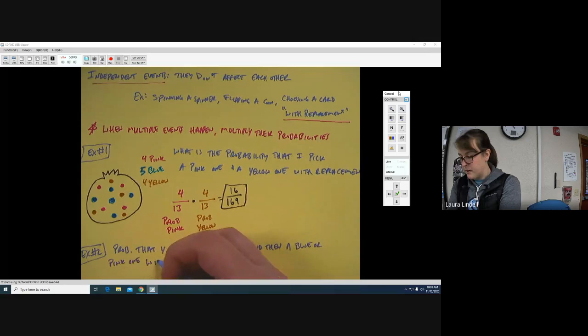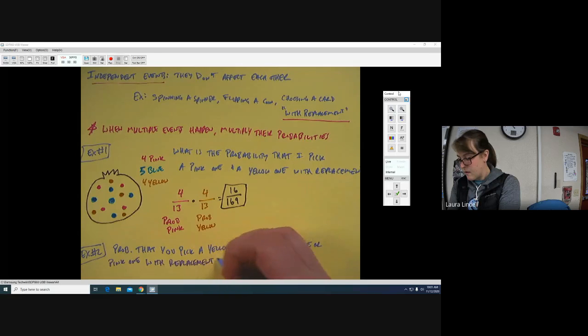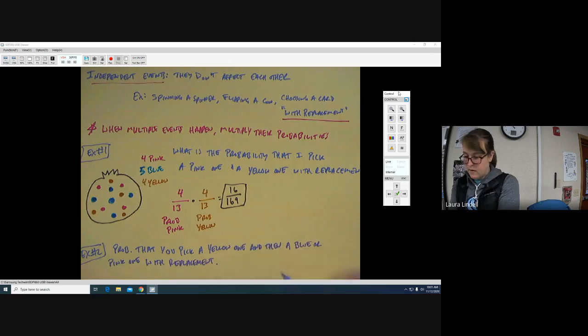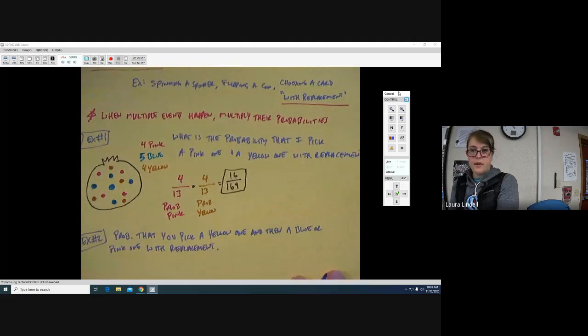With replacement. Probability you pick a yellow one and then a blue one or a pink one with replacement. So what we want to do is take the probability of picking a yellow one and then multiply it by the probability of picking a pink one or a blue one.